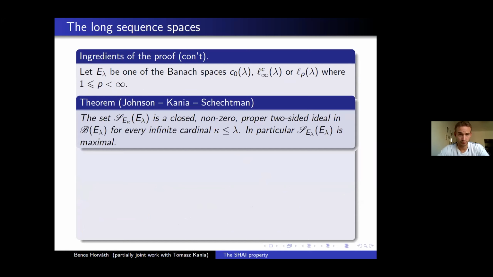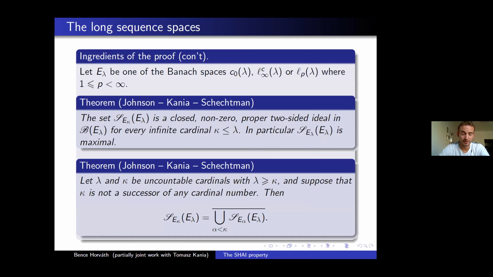A result from, I don't know, 2015 or 16 from PAMS, by Bill, Tomek, and Gideon: they proved that for all these Banach spaces, the E kappa singular operators on E lambda form a closed non-zero proper two-sided ideal whenever kappa is any infinite cardinal number which is less than or equal to lambda. And in particular, the E lambda singular operators on E lambda is the unique maximal ideal.